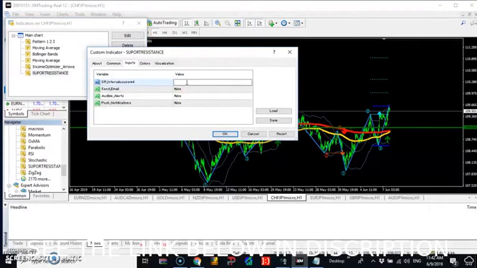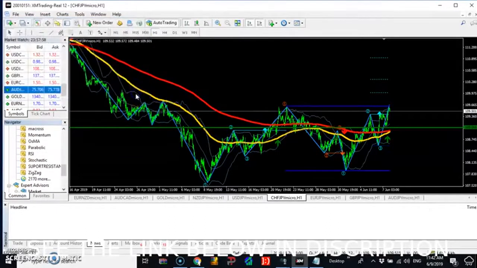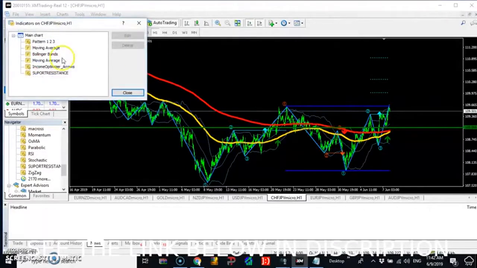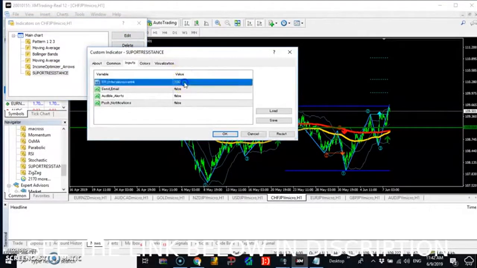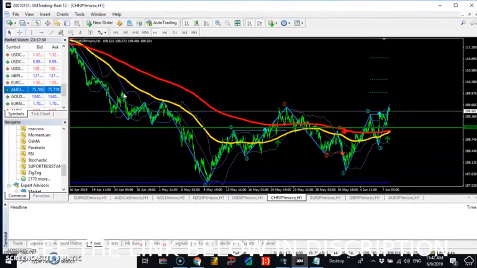Let's say it is 300. Let's see how it looks. Oh, the 300 is too small. Indicator is support resistance. Let's say it's 1000 bars. Let's say 1000 and see how it looks.